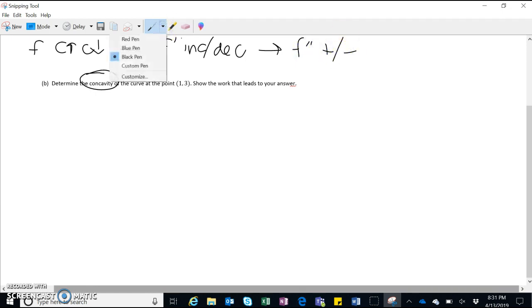The easiest relationship to use here is the one involving signs. So what I'm going to try and do to determine the concavity of the original function is demonstrate the sign of the double derivative so that I can draw that conclusion.